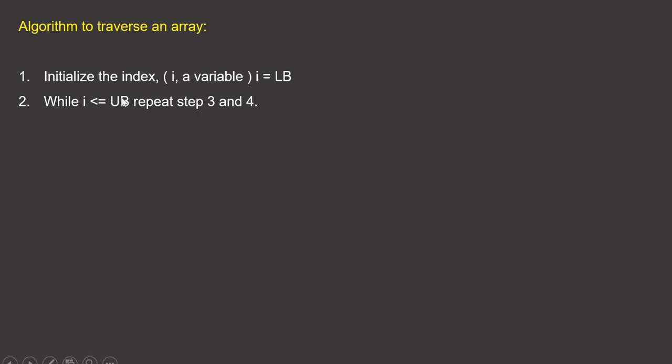So for that we are using the while condition, and we are going to repeat the third and fourth part, or you can say steps 3 and 4, for this condition. Means whenever this condition is true, 3 and 4 are going to be executed. So what is going to happen in the programming? I is the variable, and we are going to write less than or equal to size.